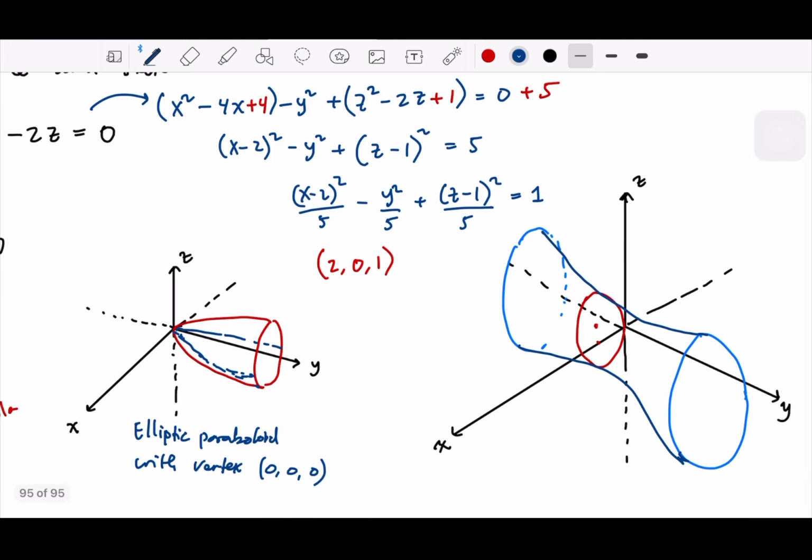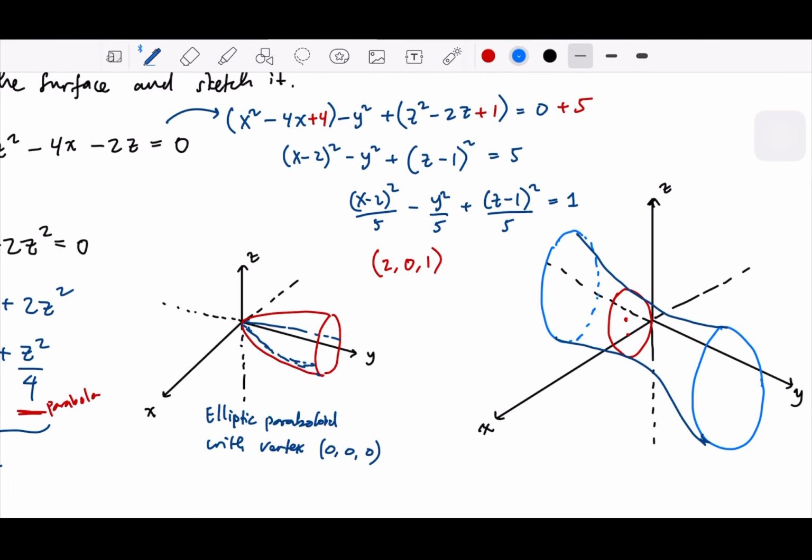So we'll have the hyperboloid of one sheet. And I think that will be our conclusion for today's session.